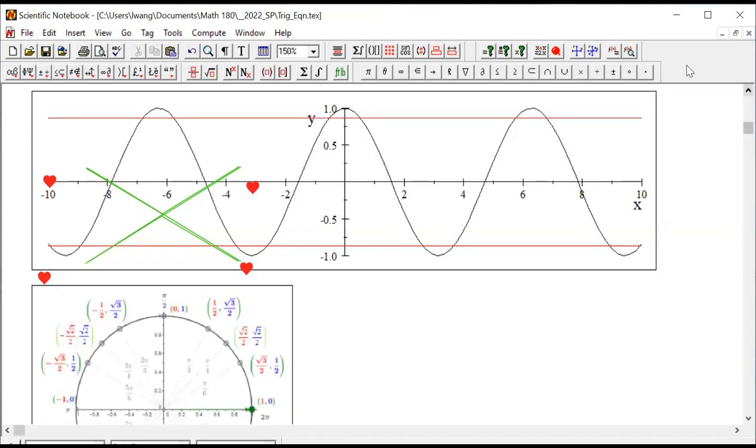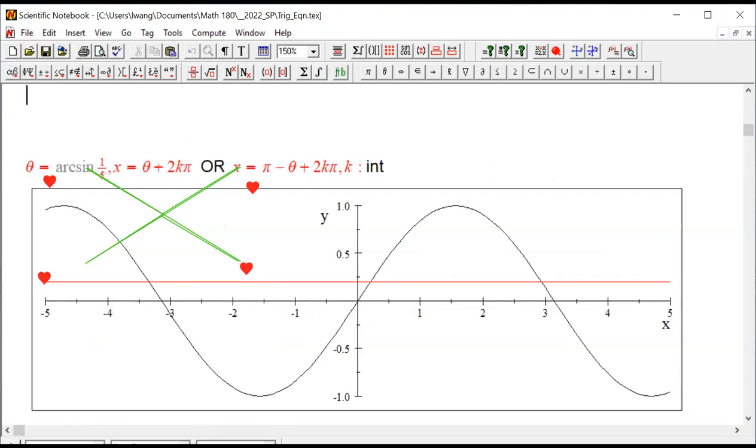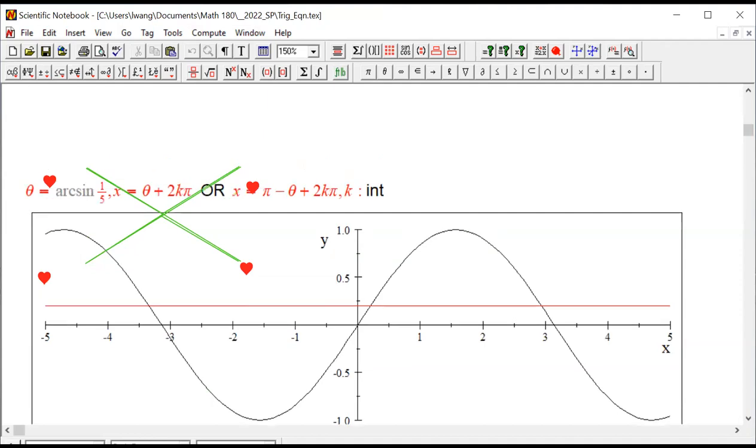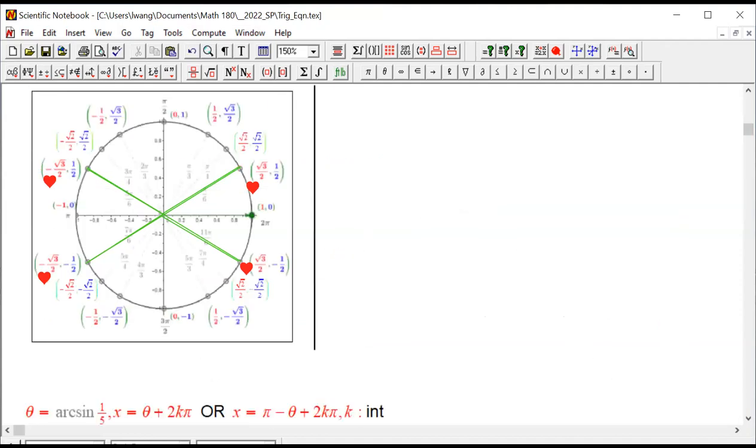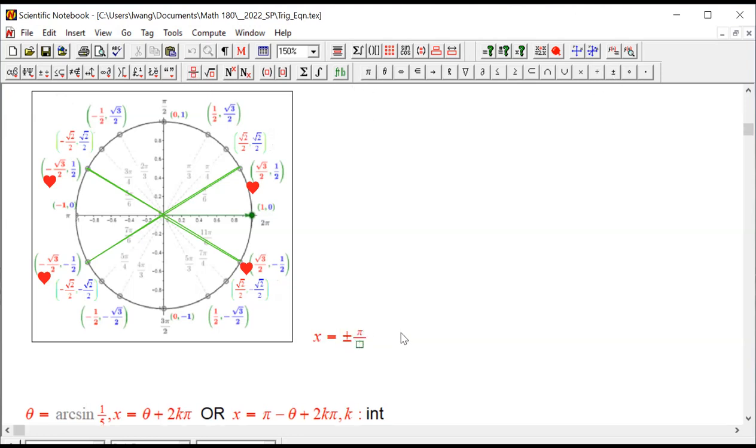So now the solution, let me see, I can get it back. How do I get them back? There. Okay. So we basically have solutions. Our solution is going to be what? Positive, negative pi/6 plus k pi.